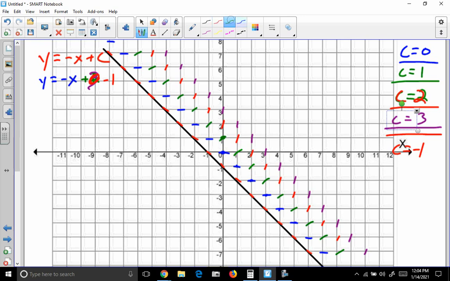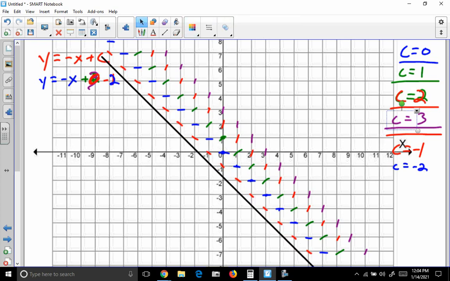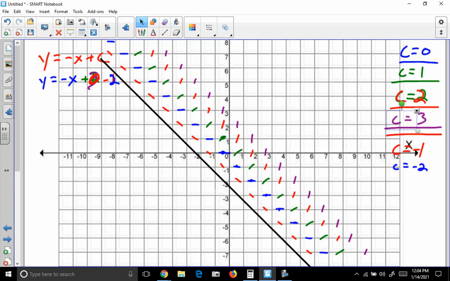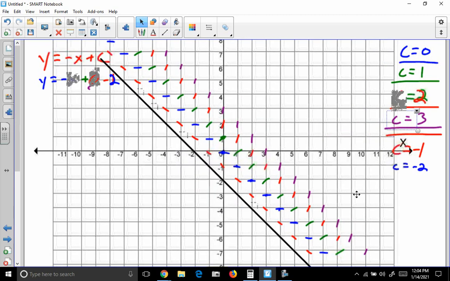If we change to C equals -2, then our isocline is down to -2, and everywhere along there, everywhere on that line, our slope is going to be -2. So a slope of -2 is like this.